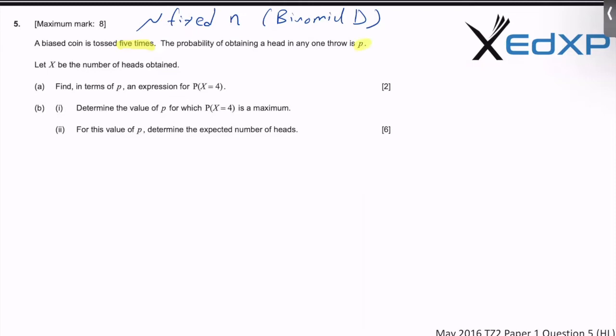Part A, find in terms of P an expression for the probability of X equals 4. We must identify this to be a binomial distribution. Why? There are 4 criteria, and if all 4 are met, it is a binomial distribution. The first one is a fixed number of trials, which is 5.